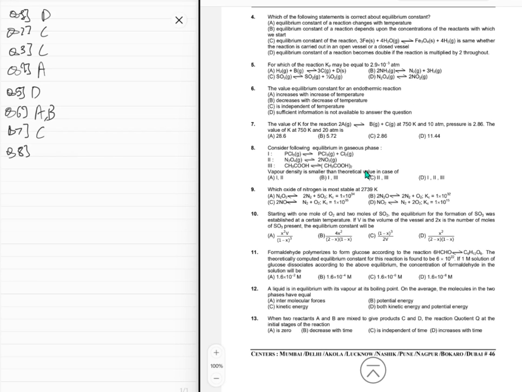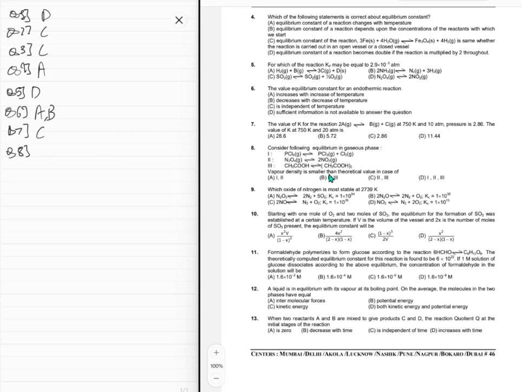Question number 8. Consider the following equilibrium in gaseous phase. Vapor density is smaller than theoretical value in case of... Vapor density being smaller just means the actual mass, which of course remains constant, upon the number of moles is the molar mass, and that upon 2 is the vapor density. So vapor density being smaller than theoretical value means the number of moles is more than what we expect.